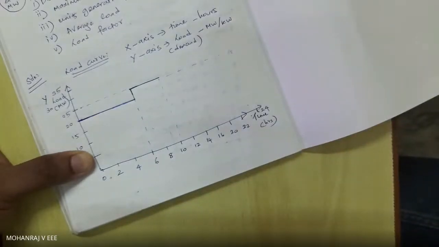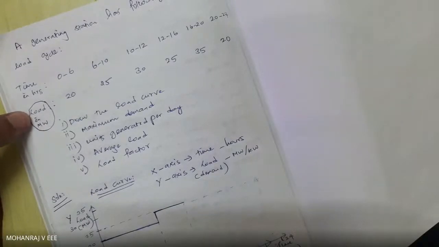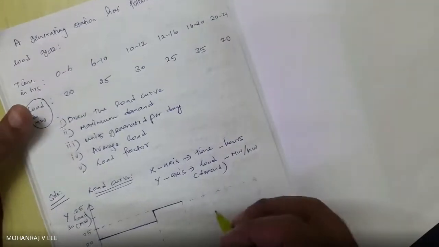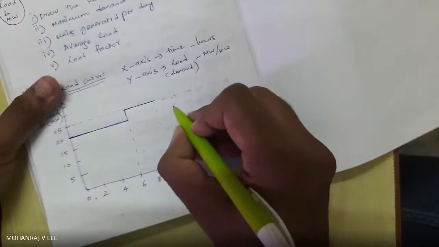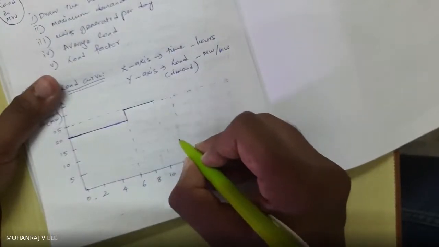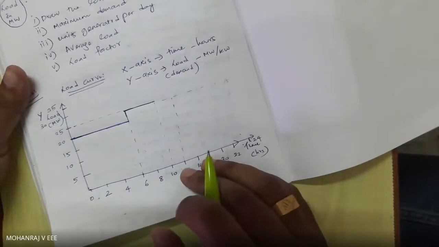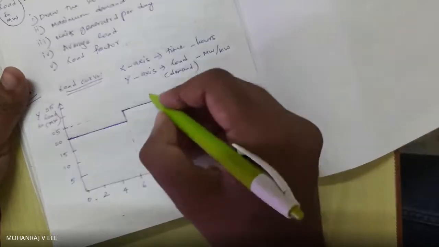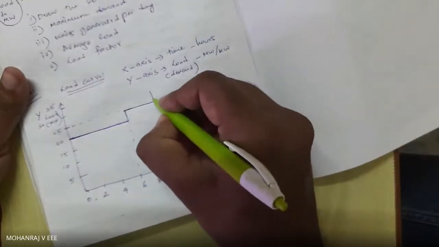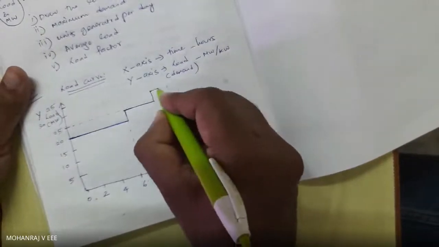Fine. Then from 10 to 12 it is 30. So from 10 to 12 it is 30.